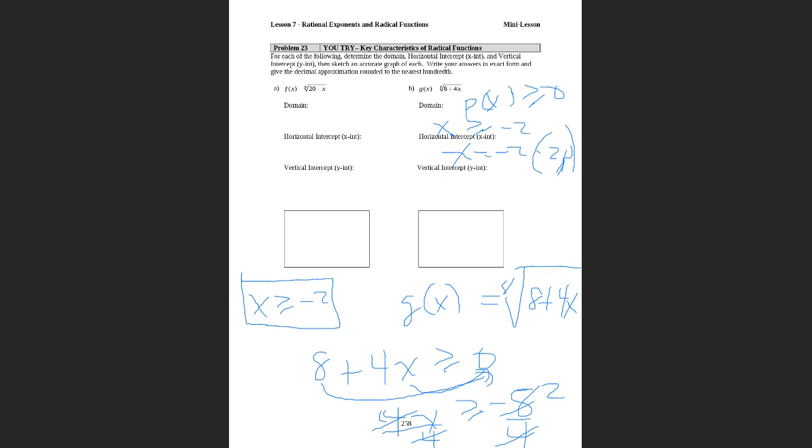Okay? And then the vertical intercept, the y-intercept, you have x equals 0. So since x equals 0, we're going to have g of 0 equals the 8th root of 8 plus 4 times 0. What is 4 times 0? 0.